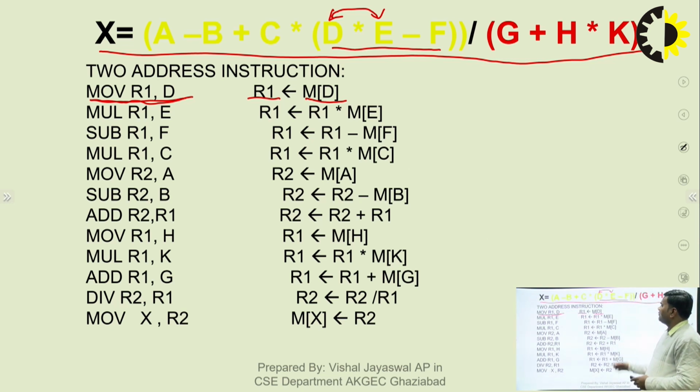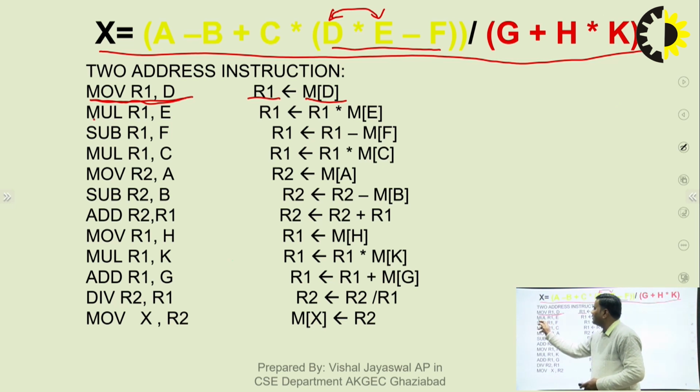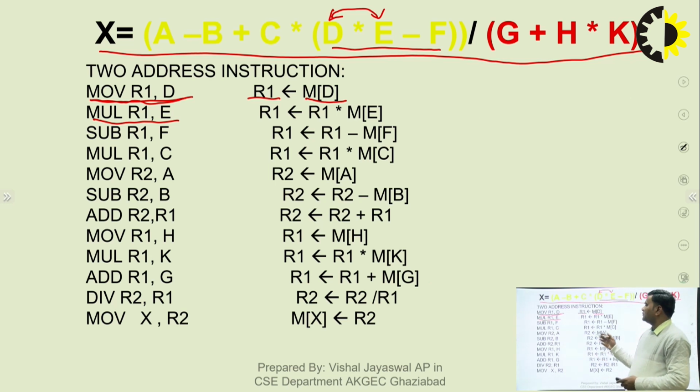Then after that we have to multiply D into E. So we use multiply R1 comma E, means we multiply R1 by M of E and store the result in R1. In this way we multiply D into E and the content is in R1.